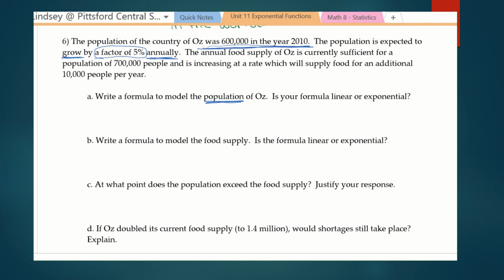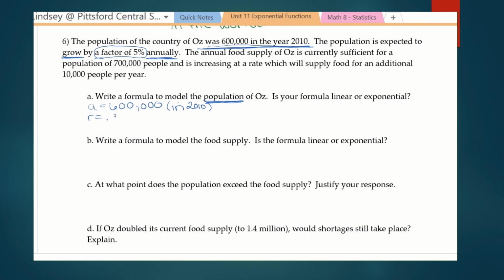Annually means yearly. The rest of this talks about food supply, so I'm going to stop right here. What are my key pieces? My starting value, 600,000, and that's in 2010. Our growth rate here is 5% annually.